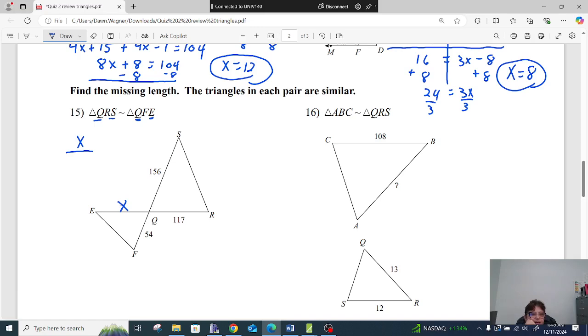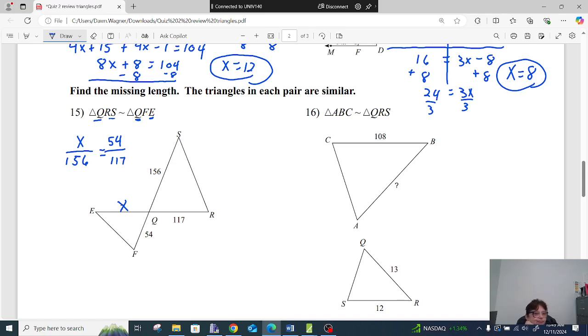So QS is 156. That has to equal, I go where the X was originally. I'm going to look at the 54 because I haven't used that one yet, and that's FQ. FQ are the first two letters. So then underneath would be QR, which is 117.